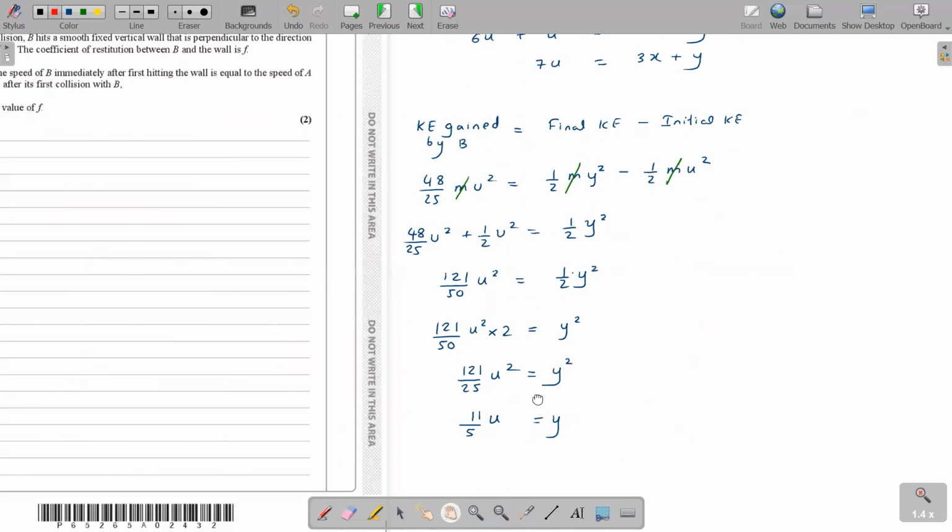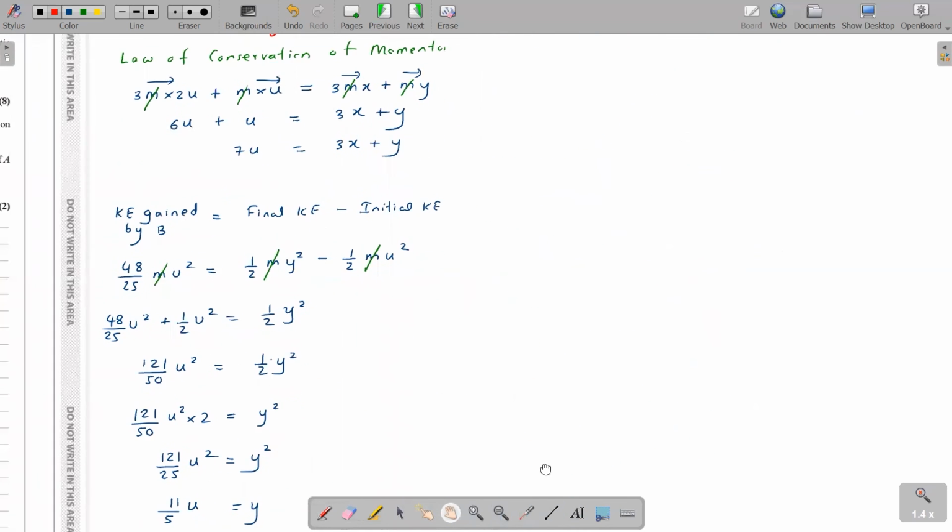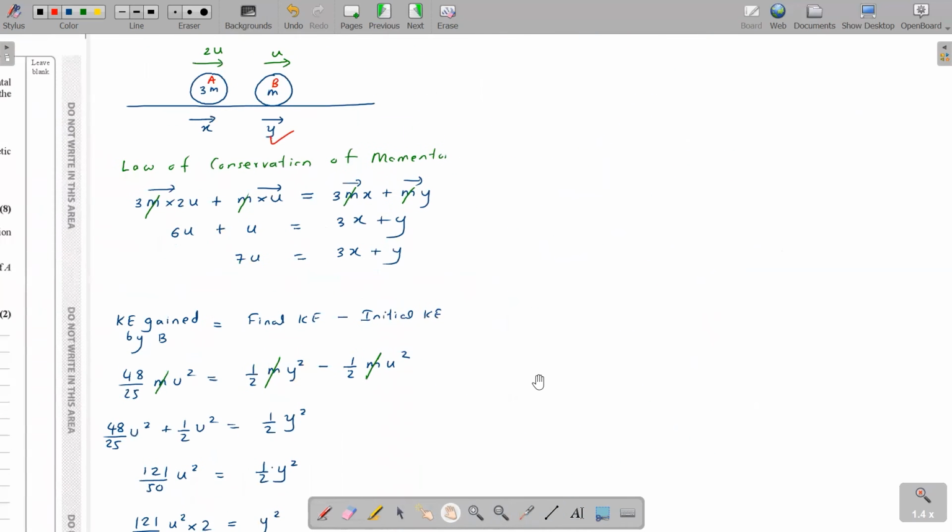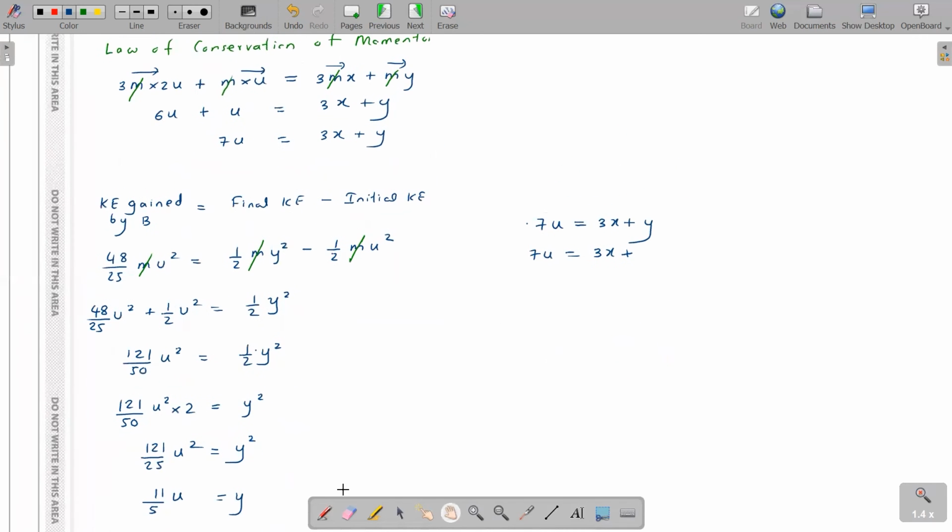Then using the y value, you can now find the x value. Replace the y value in 7u equals 3x plus y. How much was our y value? The y velocity is 11 over 5u. So make x the subject: 7u minus 11 over 5u equals 3x. 7 minus 11 over 5 is 24 over 5u equals 3x.